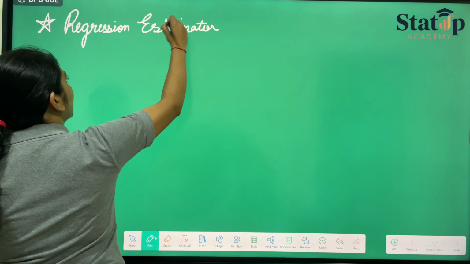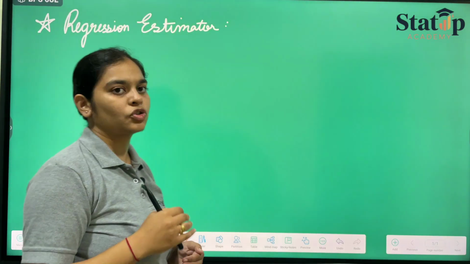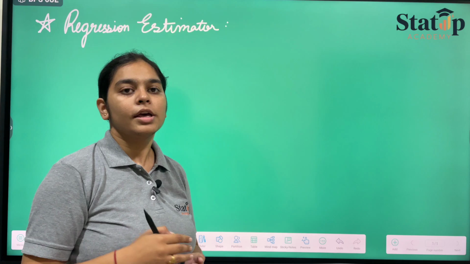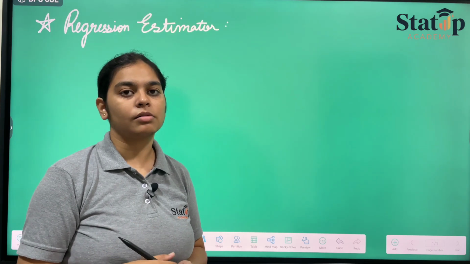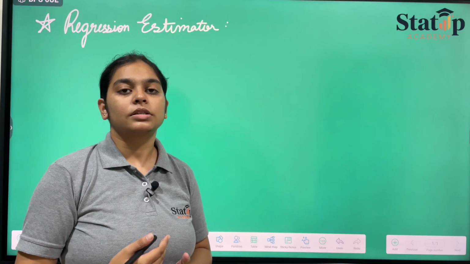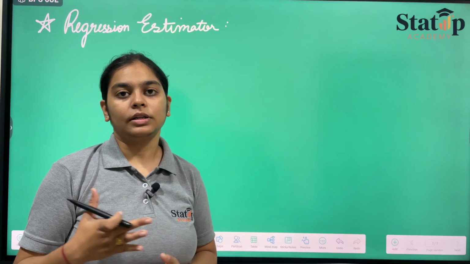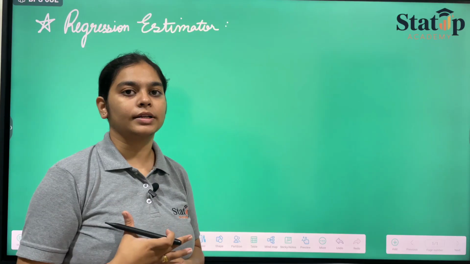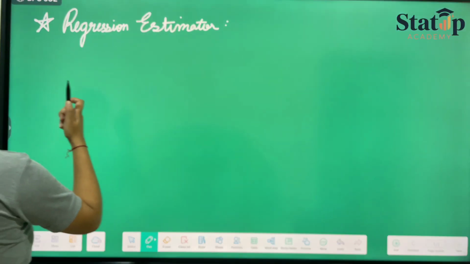Now we know that ratio estimator is used whenever simple random sampling is more efficient than ratio estimator, then we use product estimator. But what if it is less efficient with respect to this?